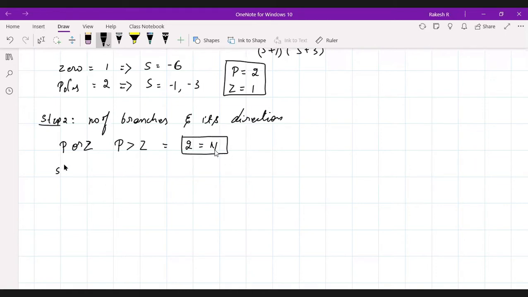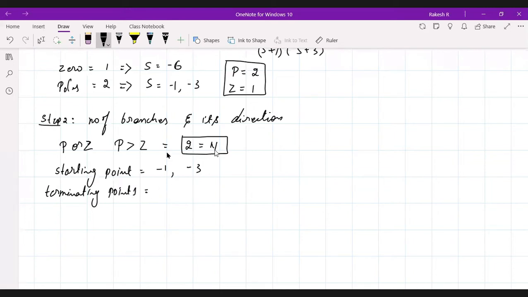Right. So the starting points will be the poles. The roots of the poles are minus 1 and minus 3; these are the starting points. The terminating points will be the zeros.